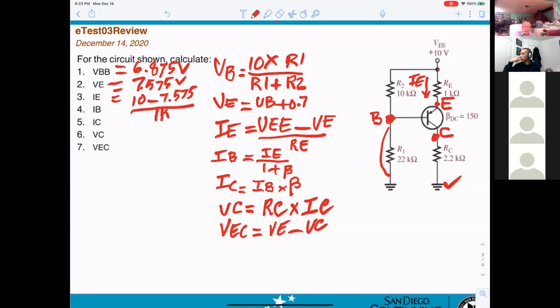So I don't know whatever you get. IE is 2.425 milliamps. Yes, sir.